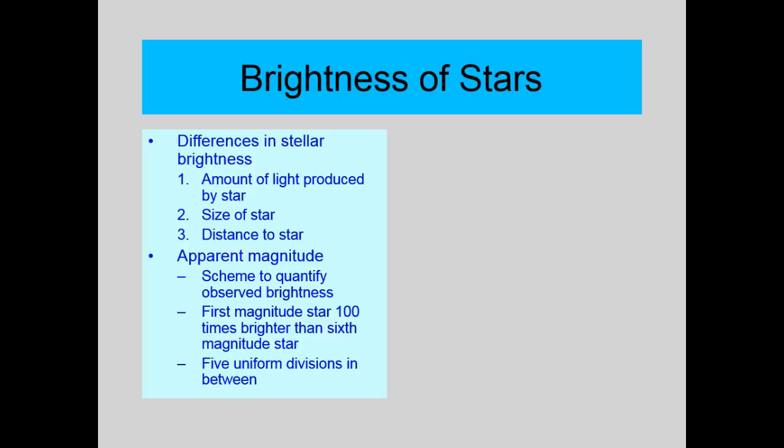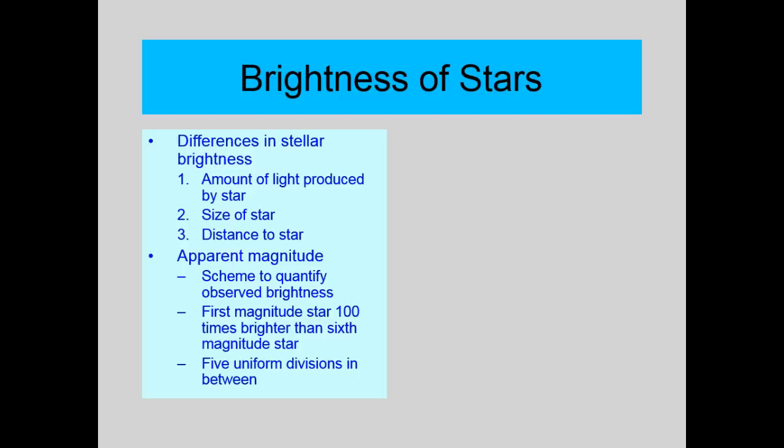The first is how much light is produced by the star. That's a function of temperature. How hot is that star? So how much light is it actually producing? Another thing is the size of the star. A bigger star is going to appear much brighter, even though it may be cooler than a small star, because it's just so much bigger.